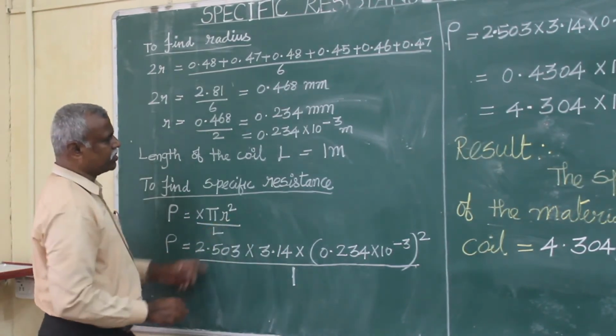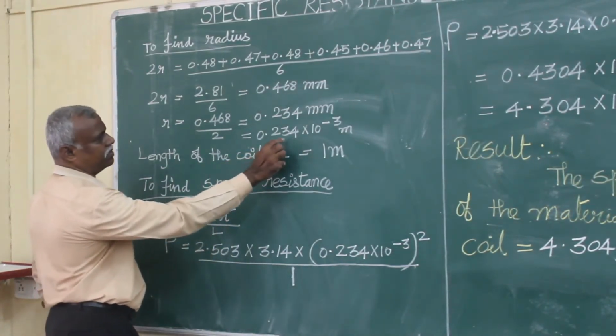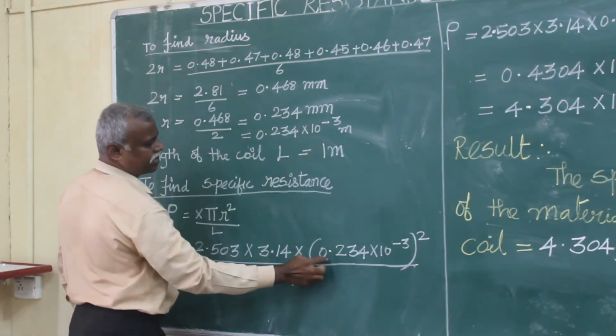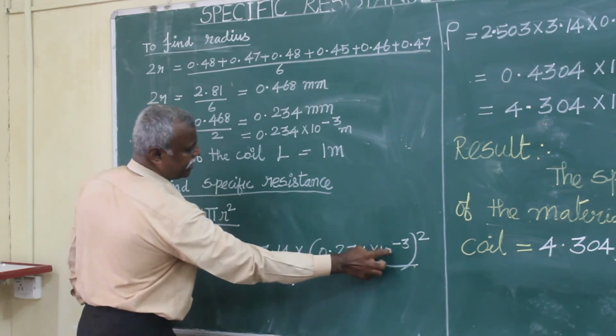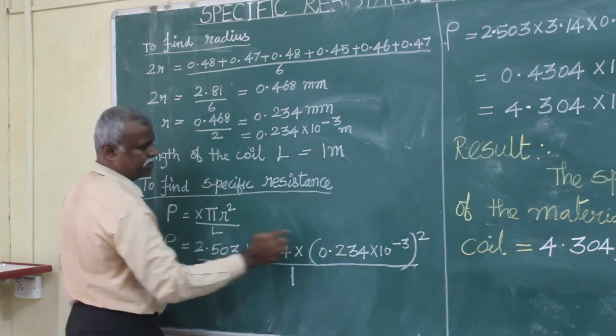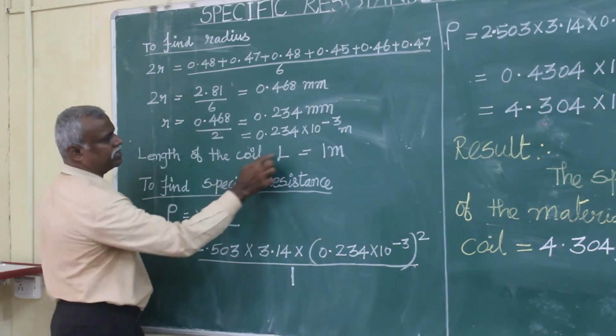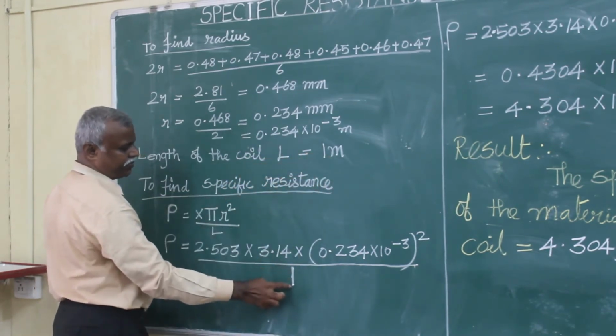The r square value is 0.234 into 10 power minus 3, the whole square, divided by the length of the coil. Length of the coil is 1 meter, so divided by 1.